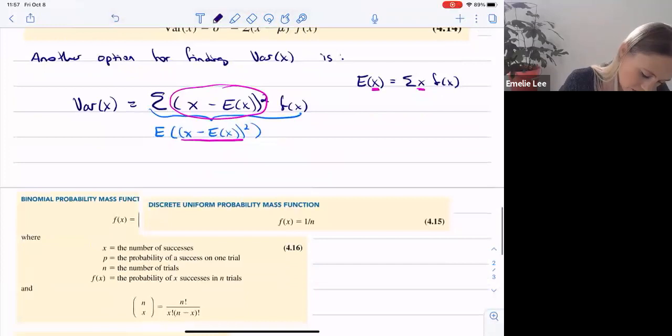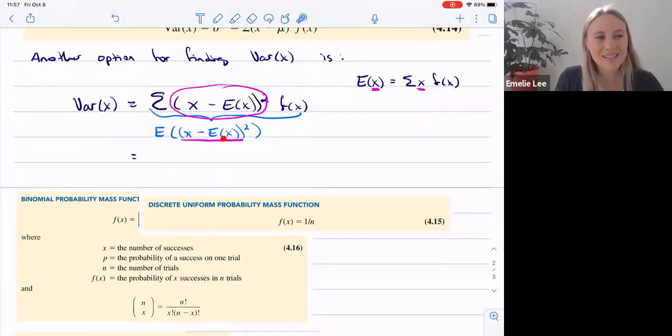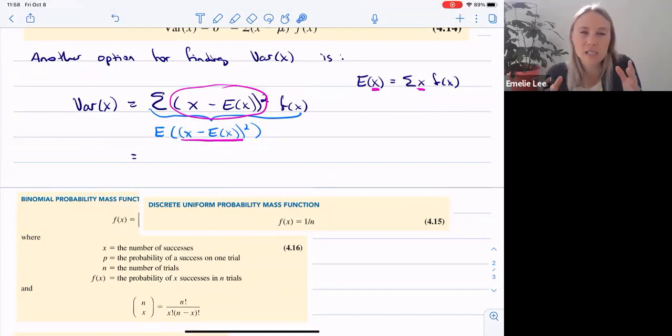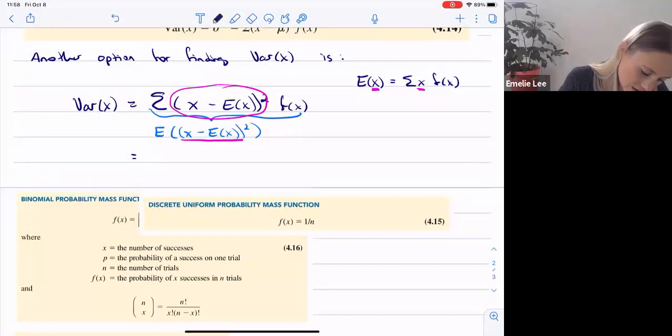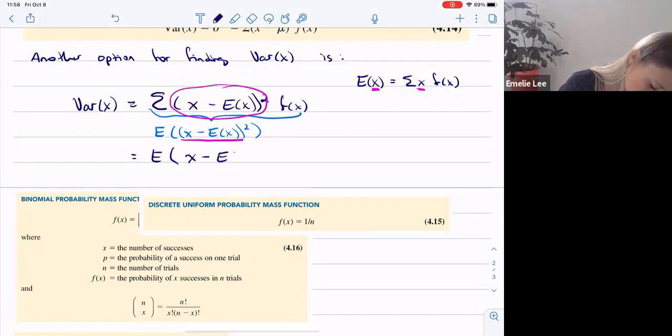Okay. So what I can do from the expected value of (x minus E of x) squared is, well, I can expand this, and just by properties of expected values, I can bring that expected value inside, and it's going to cling to any x. So what's going to happen is we have the expected value of (x minus E of x) times (x minus E of x).